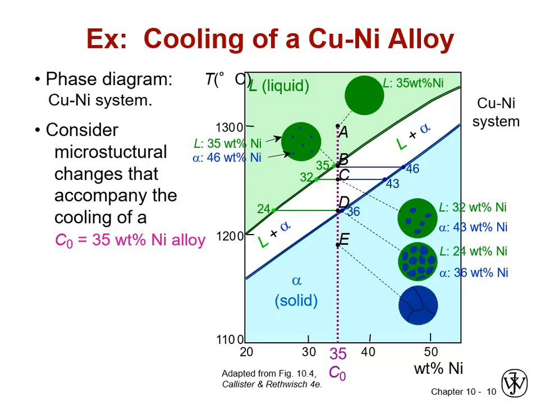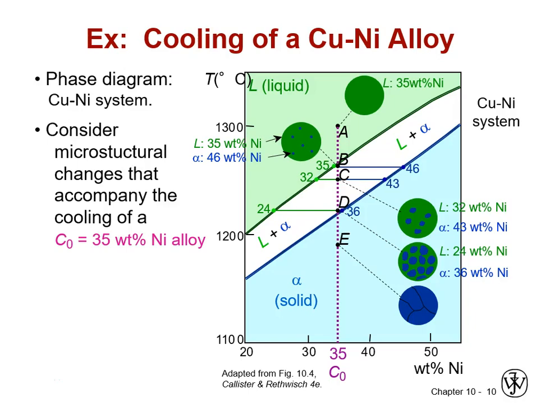Well, eventually we solidify completely, and since we're at equilibrium, the composition averages out. We get really fast diffusion, and so we always stay at a uniform composition, even in the solid. And so now we have all solid. The precipitates have grown together.